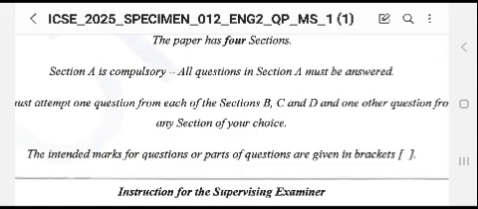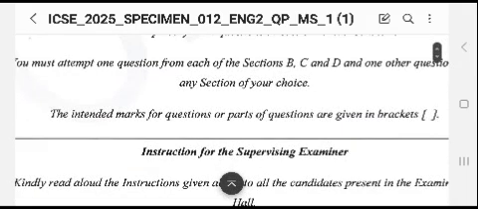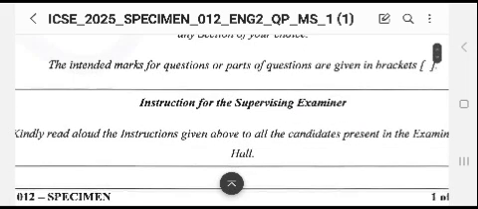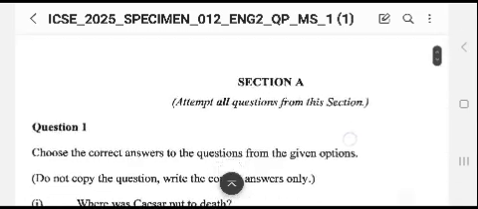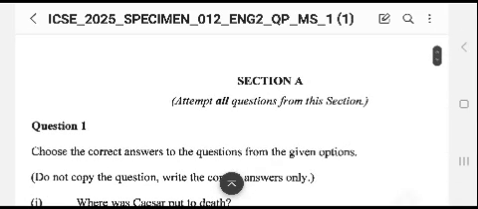That means the language and literature part, that is clearly mentioned here. And intended marks for parts of questions are given in brackets, and instructions for the supervising examiner are also mentioned. Then start with section A.